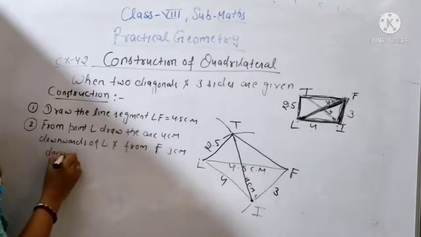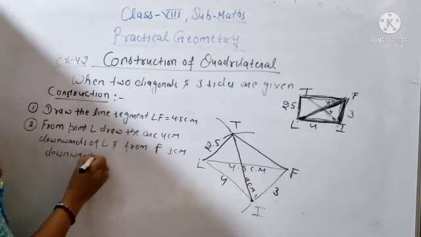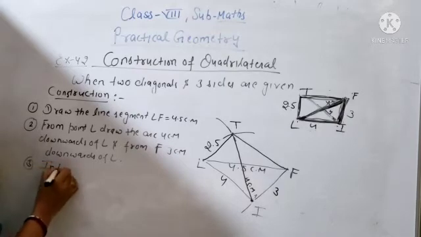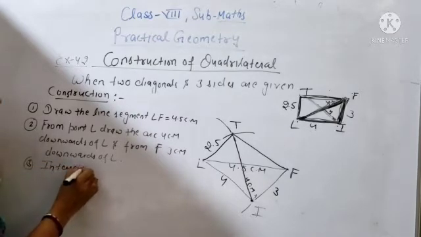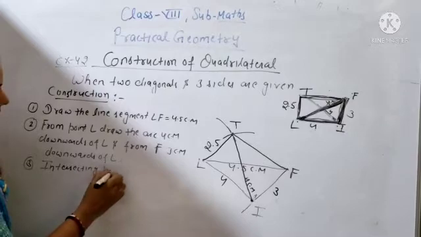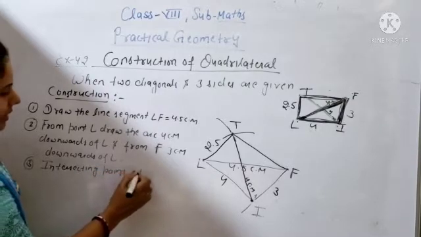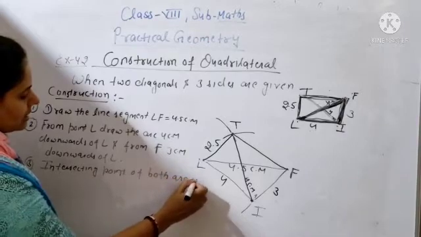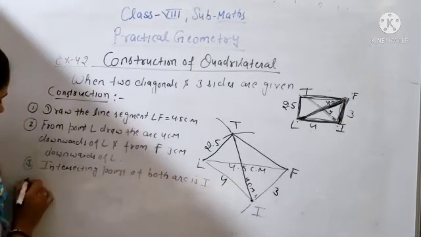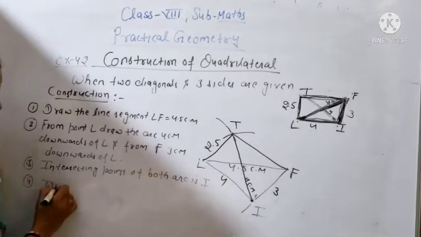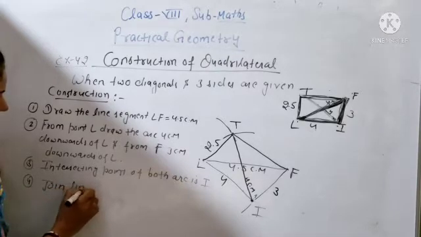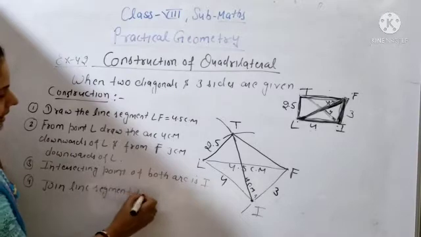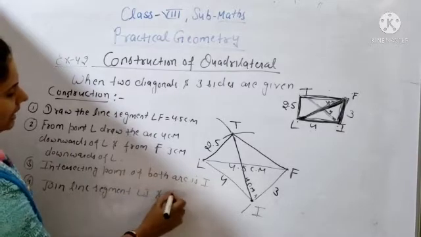Third, the intersecting point of both arcs is I. Fourth step, join the line segments LI and IF.